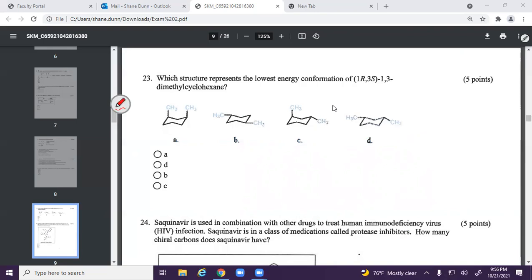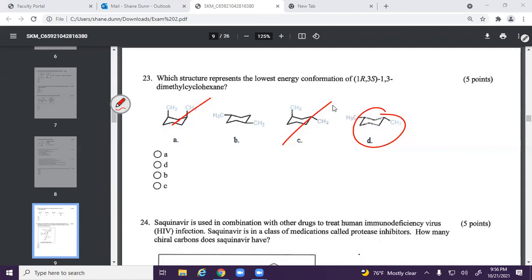Equatorial. So A has the highest energy, right? What's next? C's out. Then B and D. No, it's D. Reason being, 1,3 is less energy than 1,4.